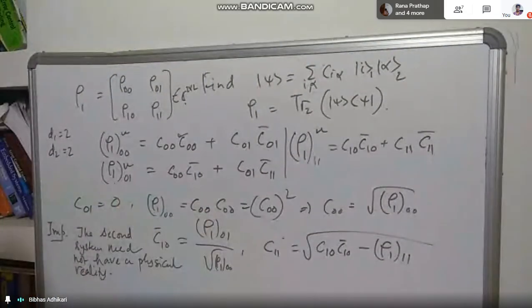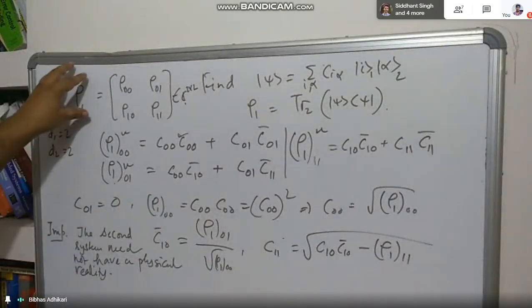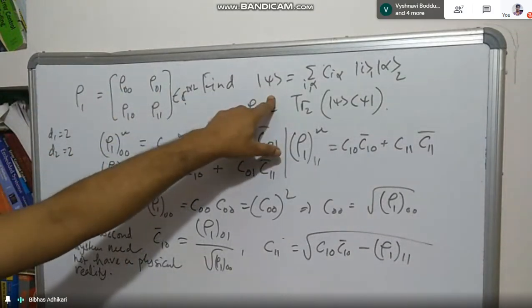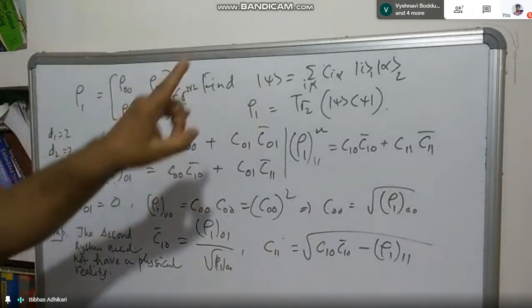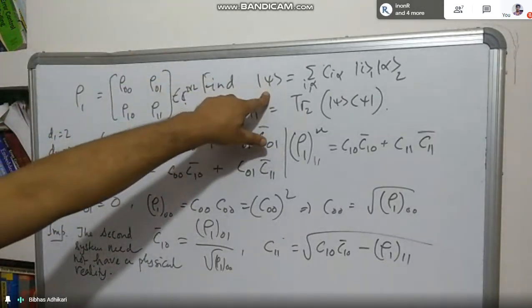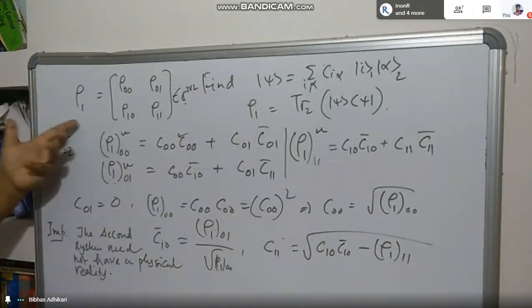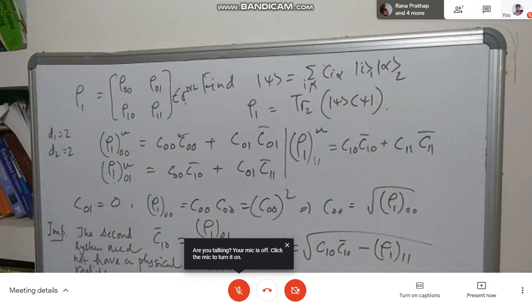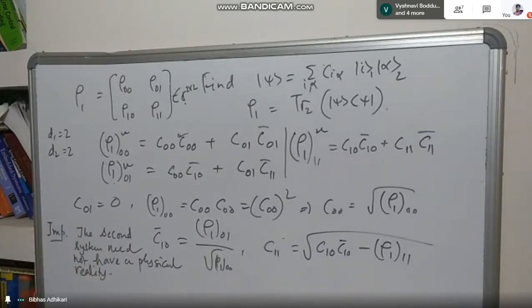But this is very much useful because instead of dealing with this one, I'll now deal with psi. And this is a pure state. I don't have to deal with this one. But if I want to measure some quantity of this one, I'll take just the partial trace of this one and I'll get back the value of the observable, or the measured value of an observable. So I can find it out. So I'll deal with psi. Okay, and that's it. So this has a lot of applications, and this is called the purification procedure of a mixed state.